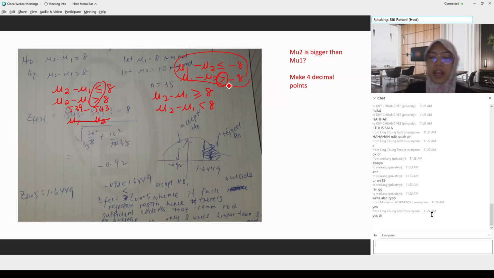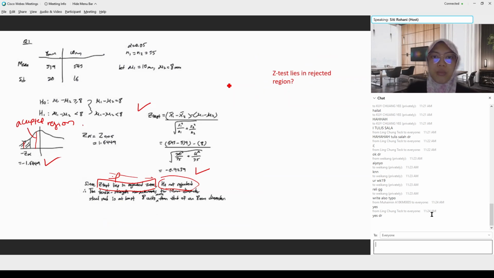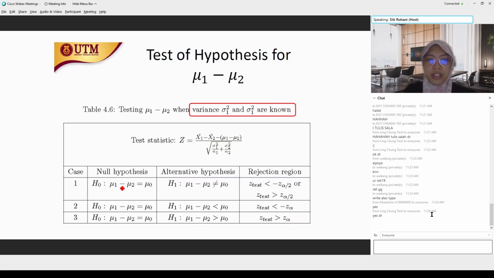For example, this one is more, so the rejection region will change: if the z-test is more than z alpha, then you reject your hypothesis.